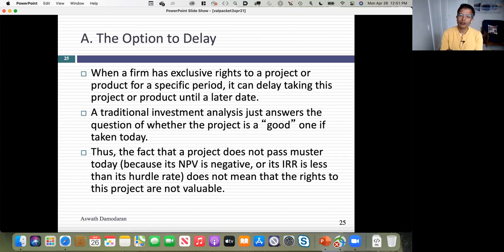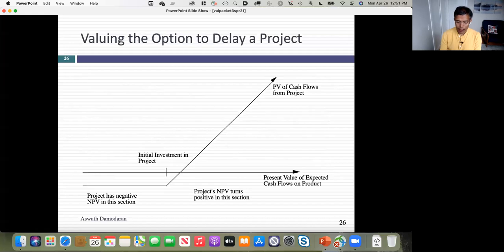Remember, I promised you that whenever I talked about a real option, I would show you a payoff diagram. If I were to draw the payoff diagram in this option, here's what it would look like. You have the exclusive rights to take this project anytime you want to. If you decide to exercise that right, you will have to make the initial investment in the project, build the toll road, put up the factory, whatever that cost is.